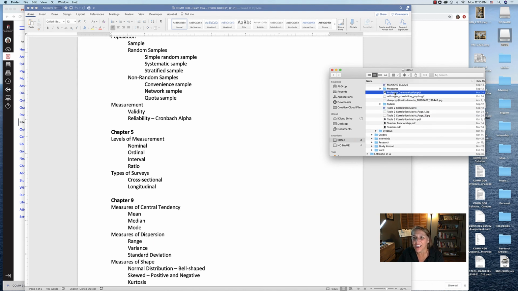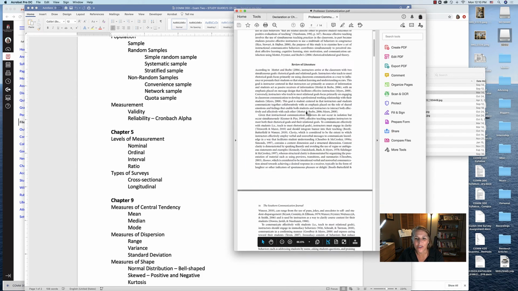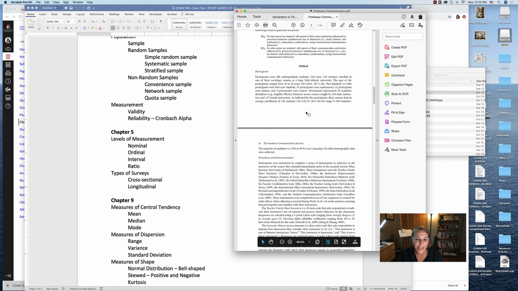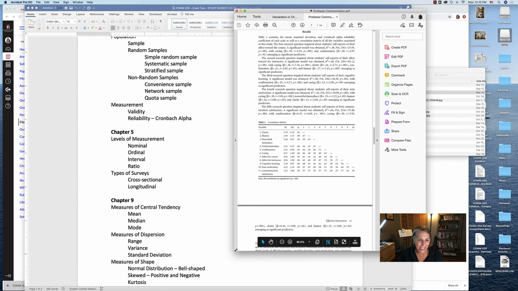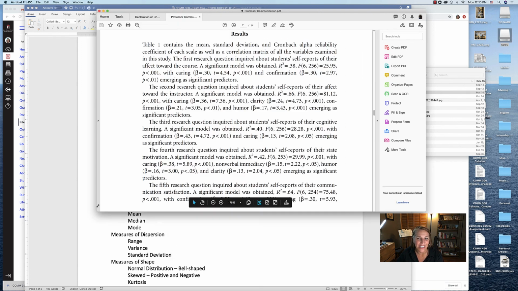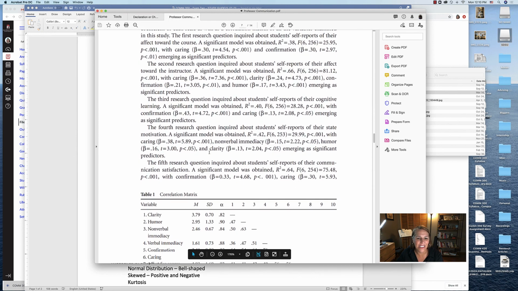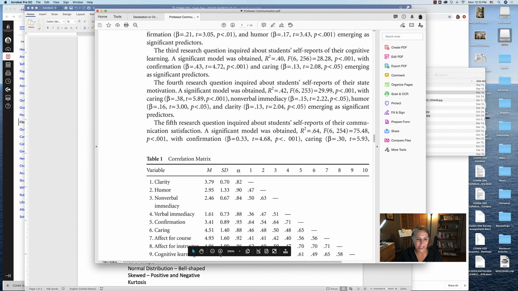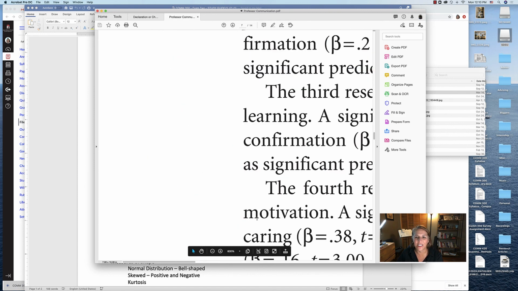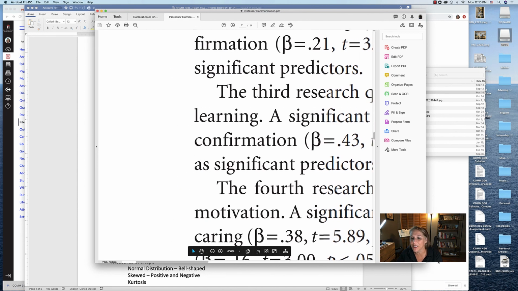So let's look at, and I always forget which article is going to give me what, but we'll do a little scroll here. I've got, actually in this article, and then I will make this bigger for you. This is kind of weird what they've done here. Oopsie, maybe I made it too big.